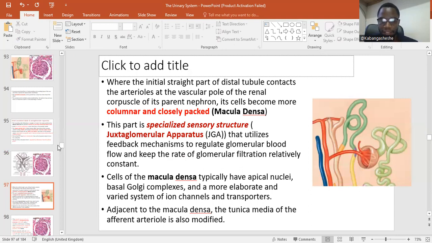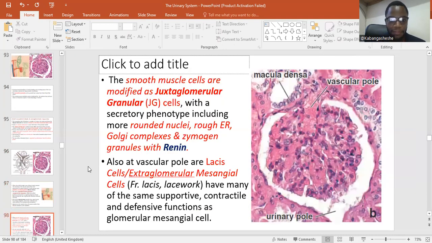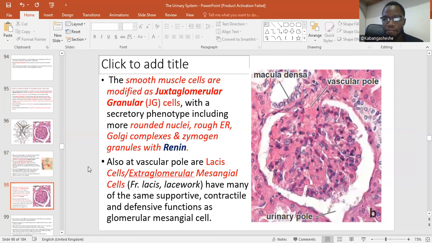Juxta means closer, and glomerular refers to the glomerulus, which is inside there. So this part is closer to the glomerulus. Even though it is part of the distal convoluted tubule, it comes close to the glomerulus, hence the name juxtaglomerular apparatus. What is so special, apart from just having columnar cells?